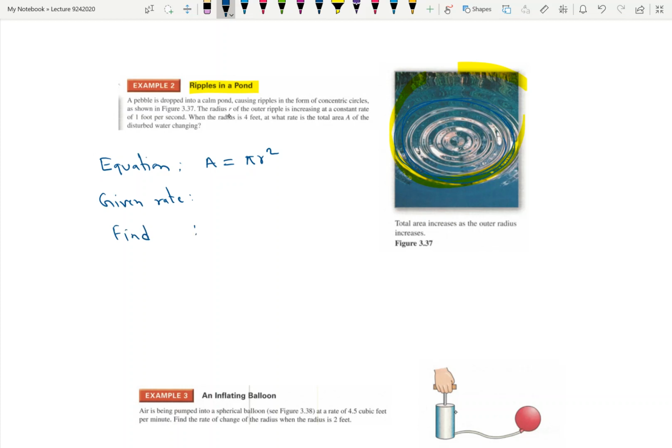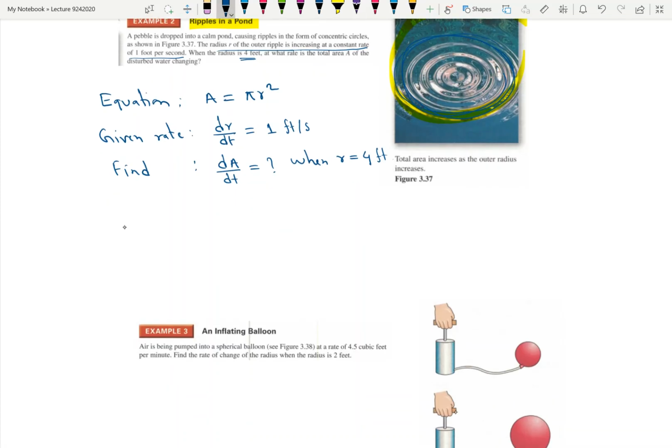So the given rate is, the radius r of the outer ripple is increasing at a constant rate of 1 foot per second. So given rate dr over dt is 1 foot per second, and we need to find, when the radius is 4 feet, at what rate the total area is changing. So we need to find the rate of change of the area when r is 4 feet. Okay. So how can we find it?